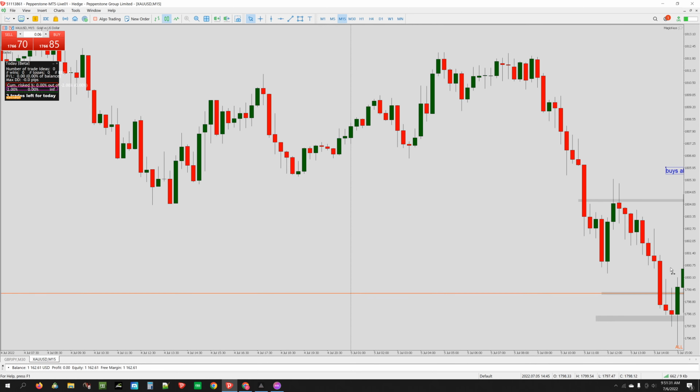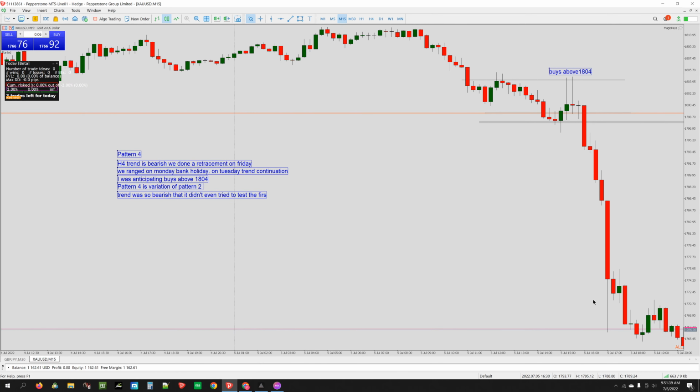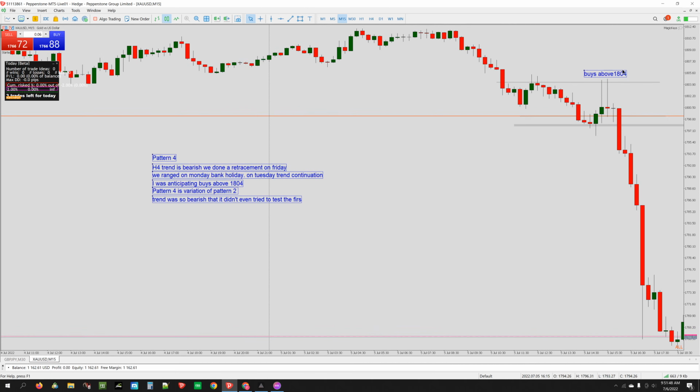So once this candle closed, I executed this trade on my demo account because I have seen this pattern enough times, but it kept pushing down. So at this point there is a need for us to develop a pattern 4, which is just a pattern 2, but the whole idea behind this pattern is that prices did a fake out above this area, so that's why it is called pattern 4.